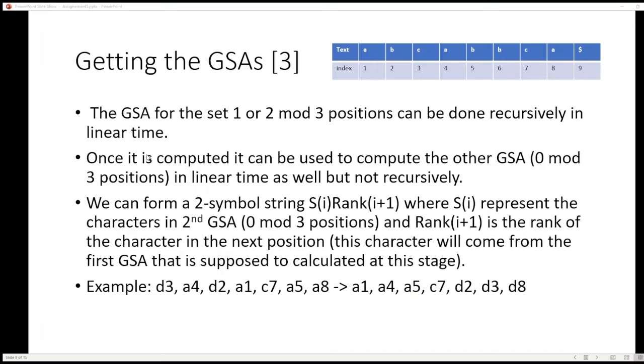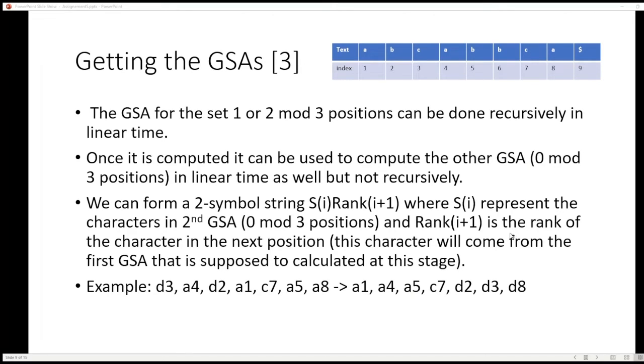To do this, we can form a two-symbol string (S_i, rank_{i+1}), where S_i represents the characters in the second GSA, or the GSA with 0 mod 3 positions, like 3, 6, and 9. And rank_{i+1} is the rank of the character in the next position.